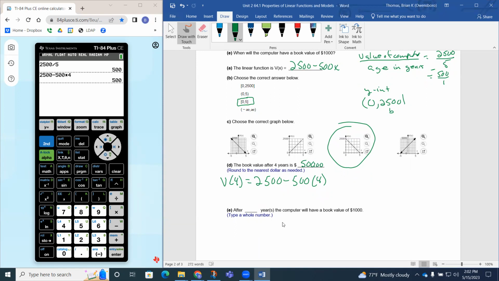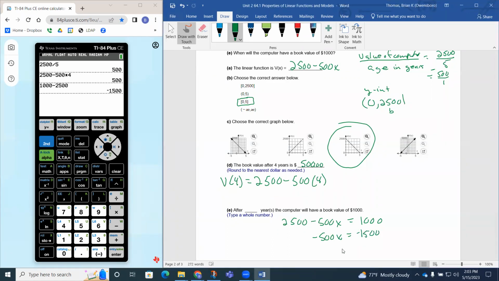But if I want to use the formula, I should have 2,500 minus 500x, and I want to know when the output is 1,000. So I want to know how many years it takes for this equation to turn to 1,000. So if I subtract 2,500 on both sides, 1,000 minus 2,500 should give me a negative 1,500, and the right side gives me negative 500x.